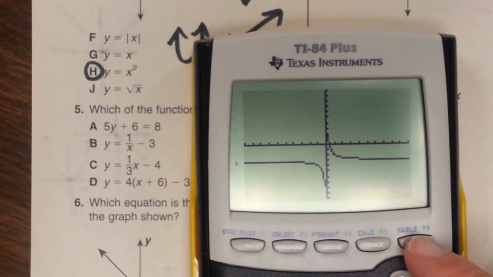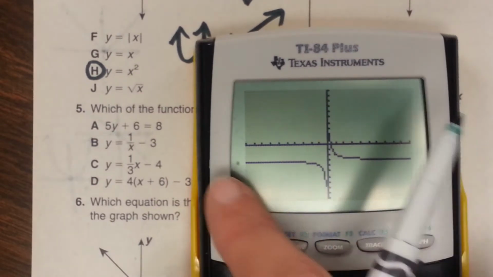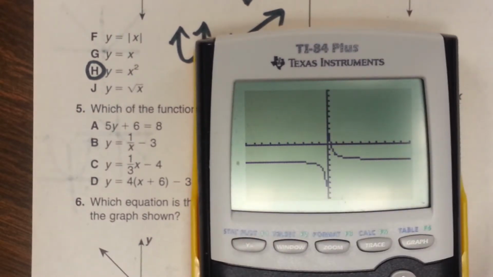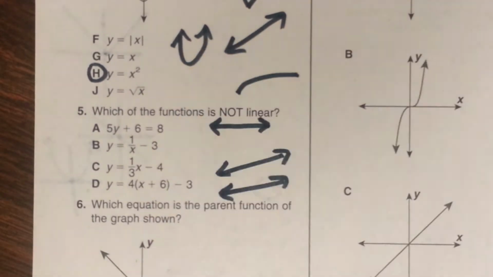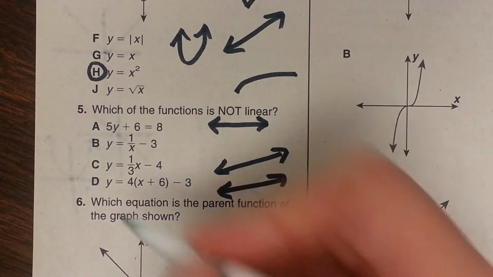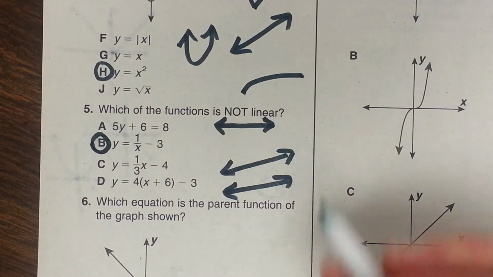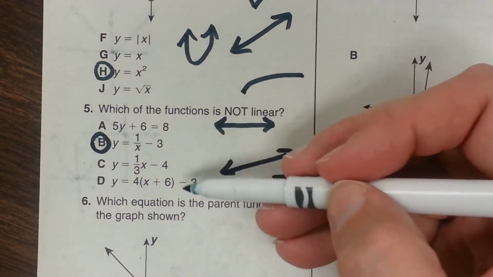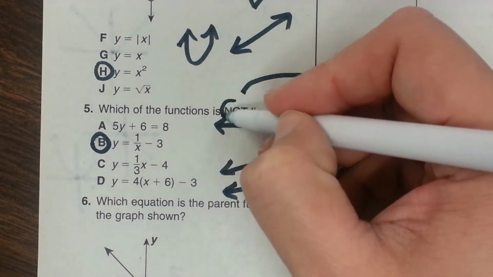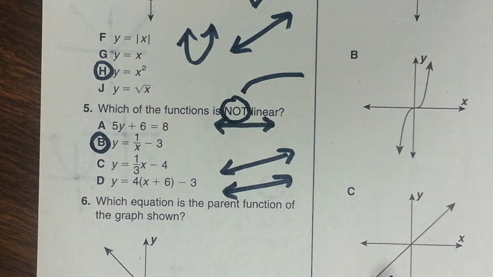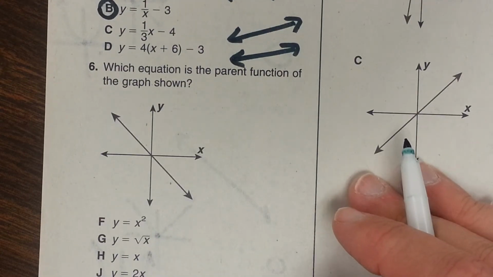Notice that's one of those that gives us an indirect variation type of graph. Remember we looked at indirect variation earlier this year. So the one that is not linear would have to be answer choice B. We could put these in our calculator to make sure that they are lines. We also want to make sure that when we're working this problem we pay special attention to that word not.